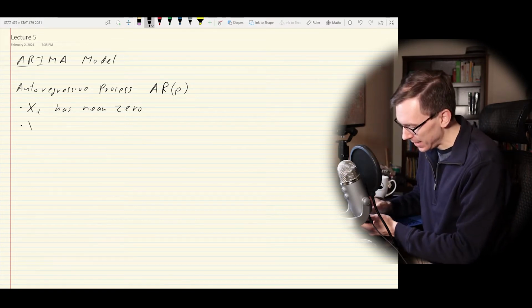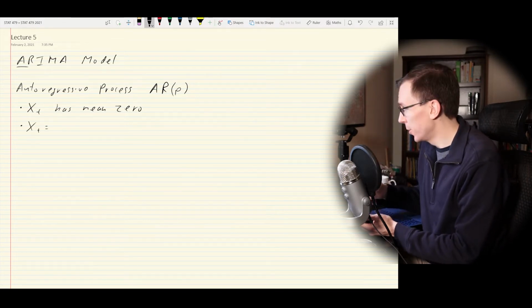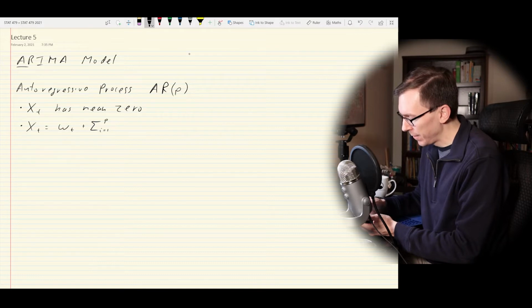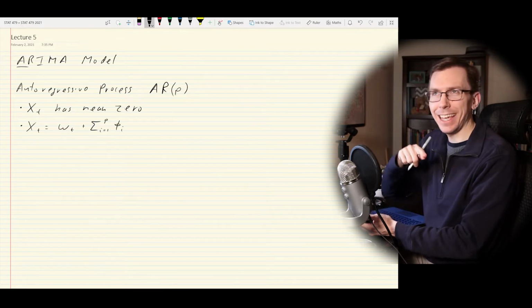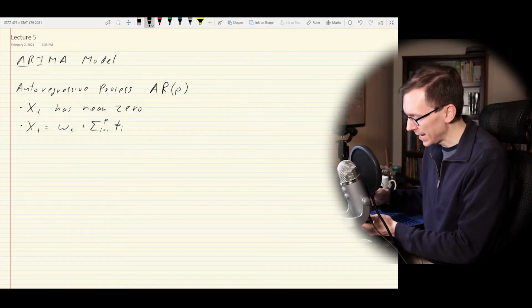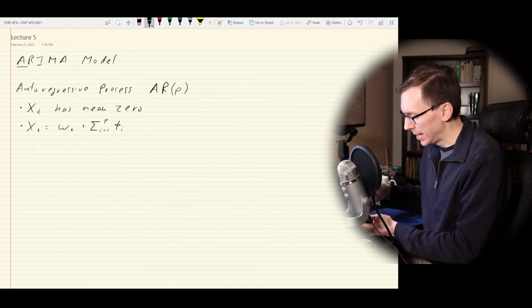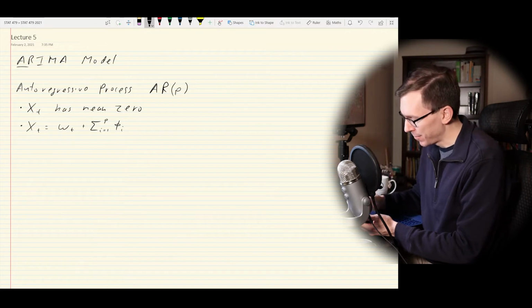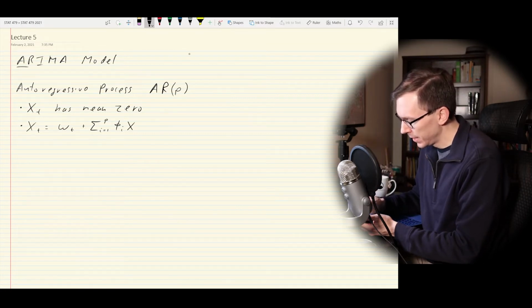We write X_t in the following form, which is going to be W_t, the white noise at the current time, plus a summation of, we'll take i from 1 to p, of the coefficient phi_i times X_{t-i}. I'm using phi because the thetas are going to come back in for the moving average piece. The standard notation, as you might see in textbooks, is to use phi for the autoregressive coefficients.